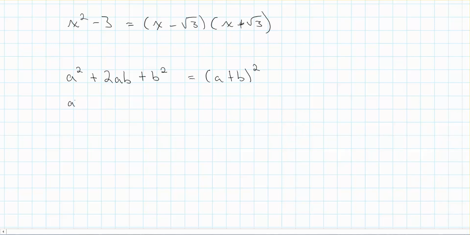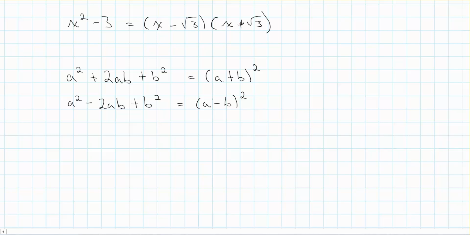Or if you have a squared minus 2ab plus b squared, this factors to a minus b quantity squared. And again, this is just our special products in reverse here. The key thing to notice is, of course, in one case you've got a plus 2ab, and in the other case you've got a minus 2ab, and that just affects the answer there.